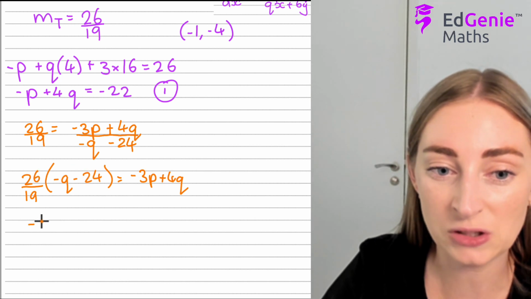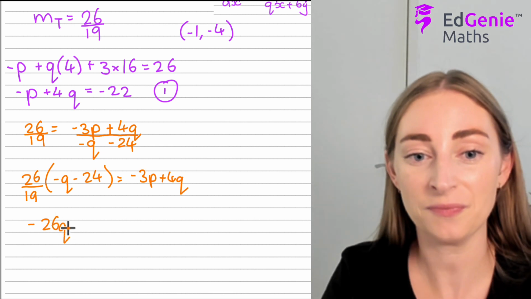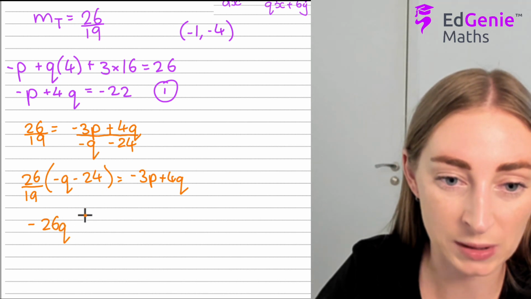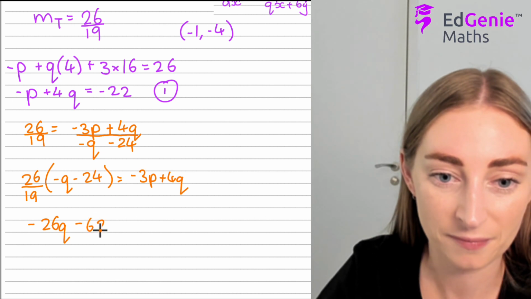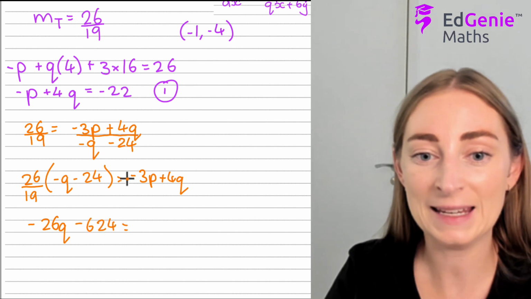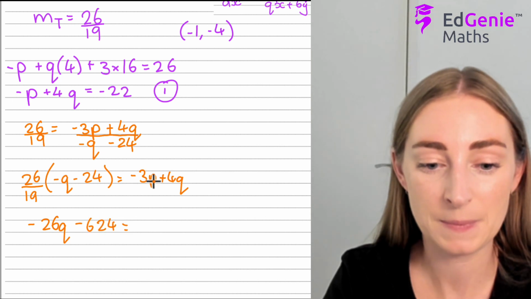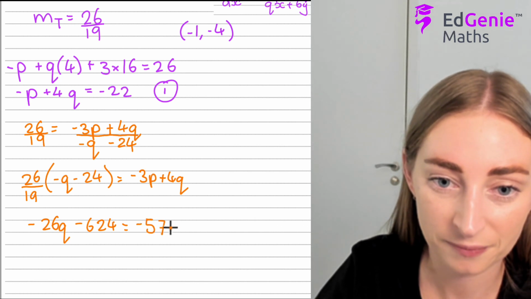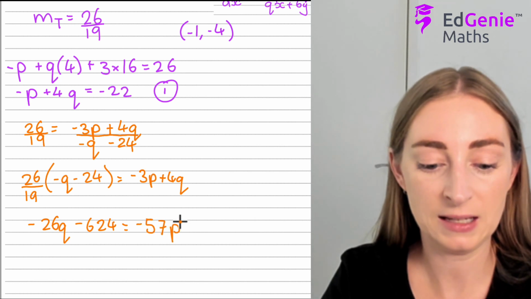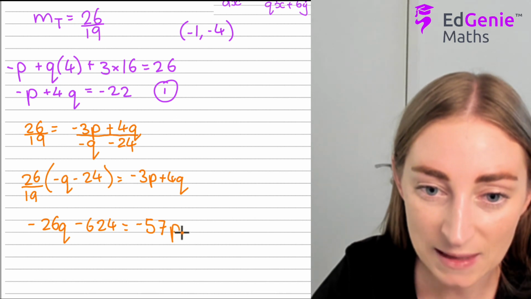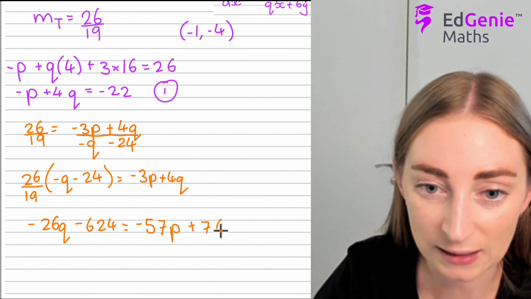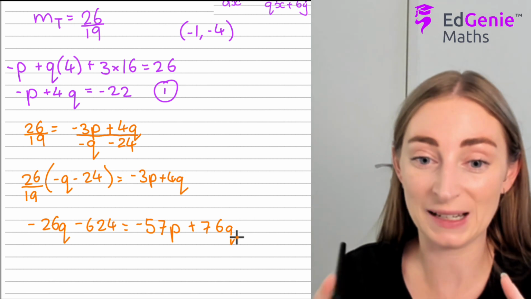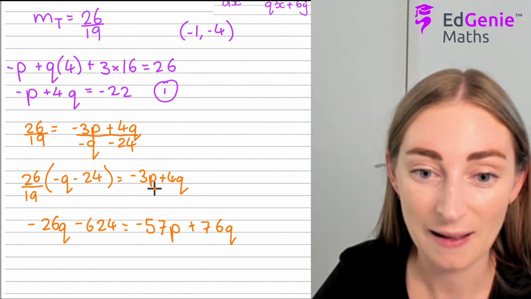So I'll get -26q. 26 times 24 is 624. 19 times -3 is -57. 19 times 4 is 76. And I know that these are massive numbers, but at least I don't have any fractions.